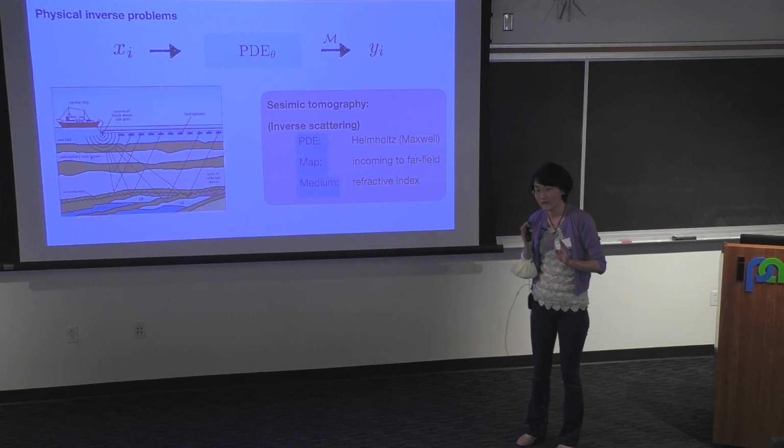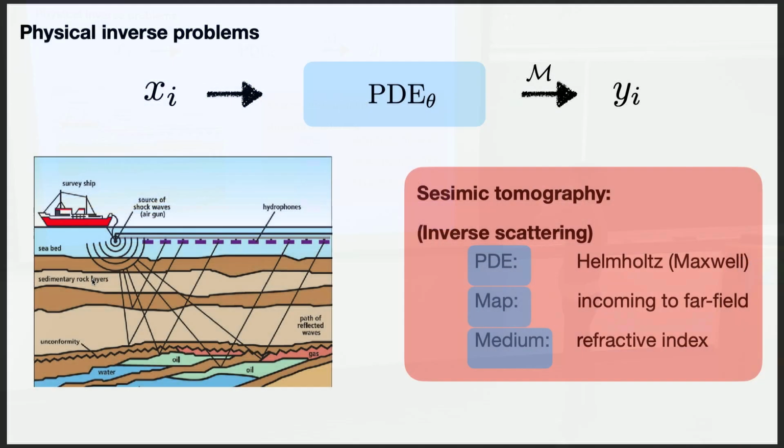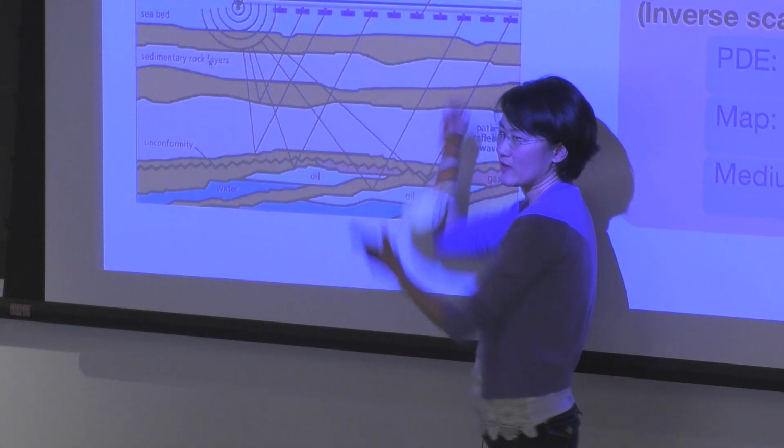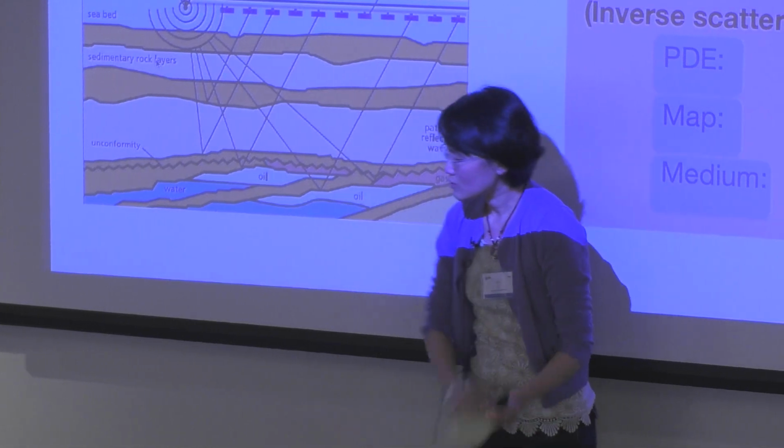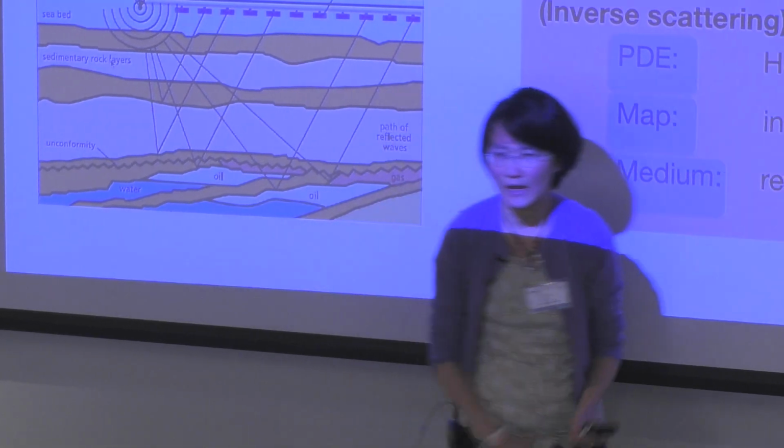Let me give you some very famous examples in the inverse problem community. One comes from seismic imaging. You have this lake, and underneath it you have some tomography that you want to reconstruct. So what you do is you put a ship over here that sends the waves in, and the waves get bounced back from the bottom of the lake, and you put the detectors over here to retrieve the information. So using the incoming source and reflected wave, you try to recover the bottom of the lake.